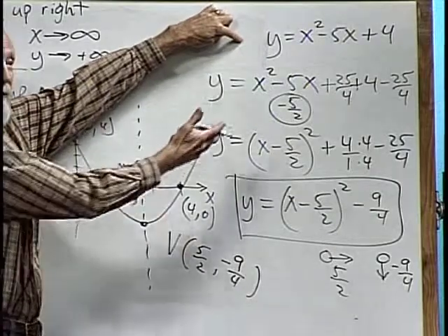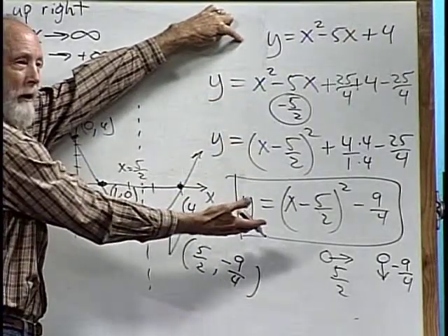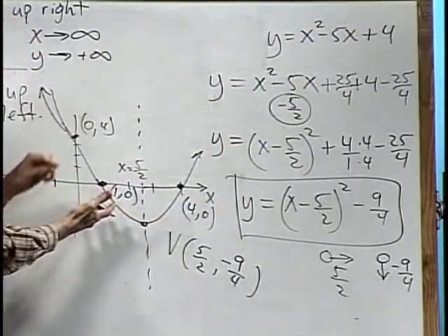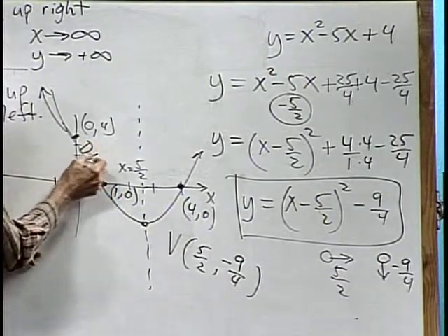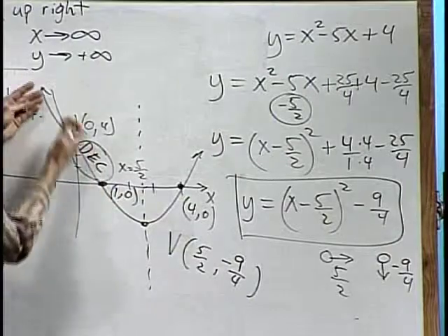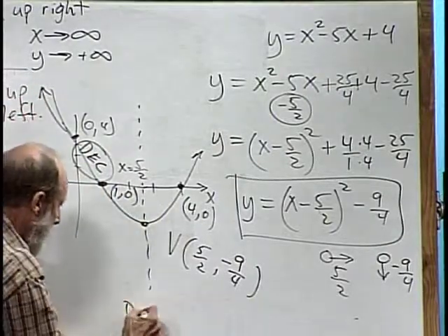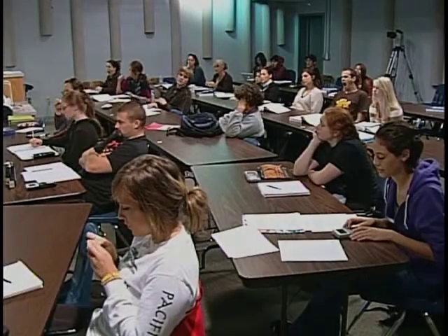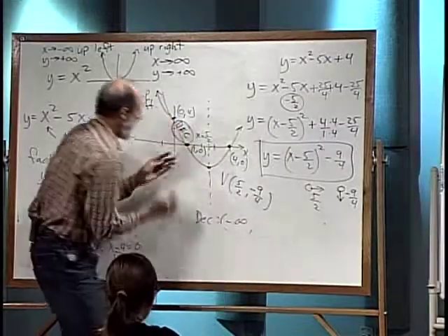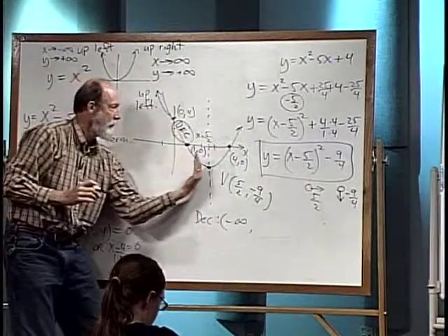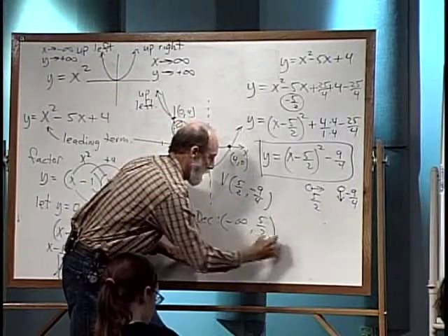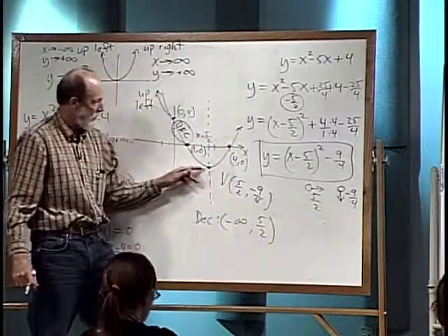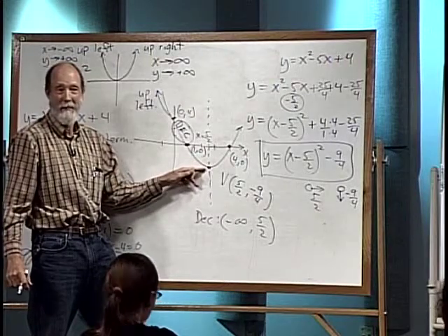You would do this work, draw the sketch, and then it's sitting right here in front of you, isn't it? Decreasing from negative infinity on the left, coming over to 5/2, but not including the 5/2 because it's not decreasing or increasing there.